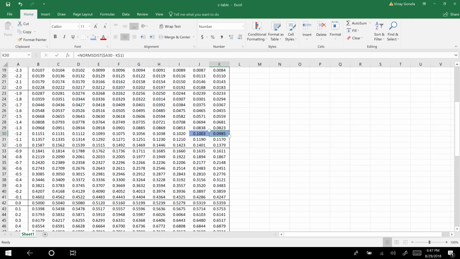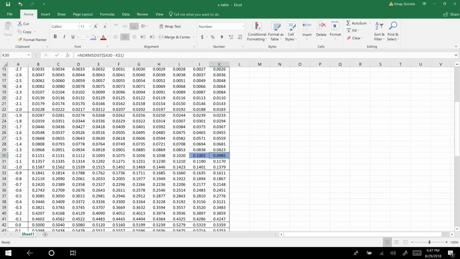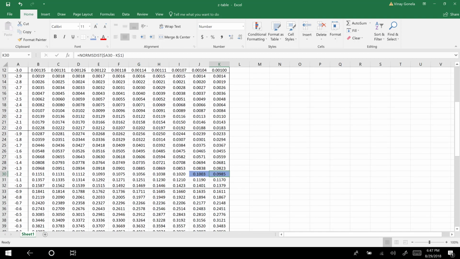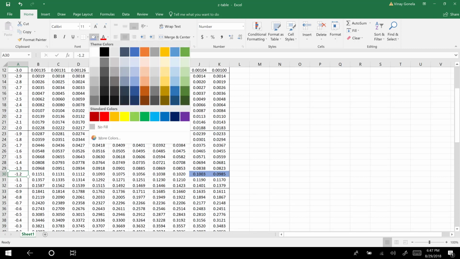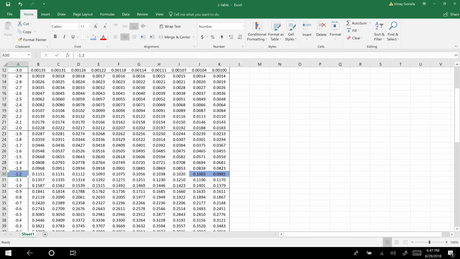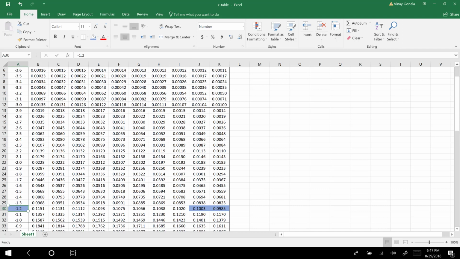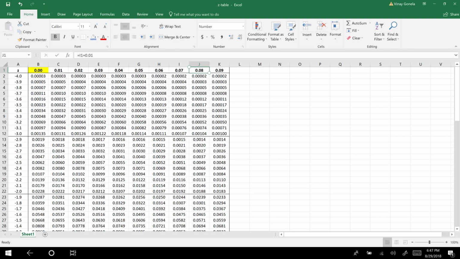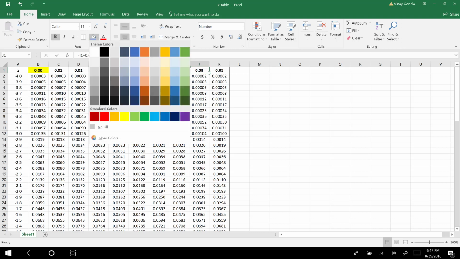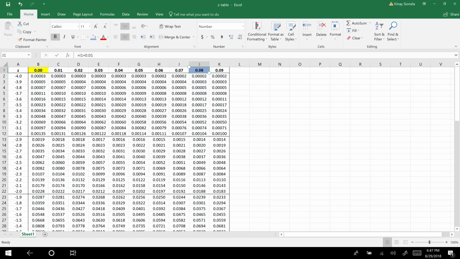That is negative 1.2 when I go up, and then going up the column it might be 2.8 or 2.9, whatever you want to take.